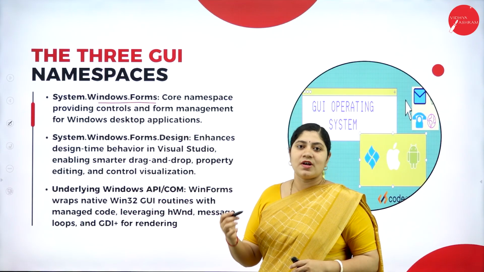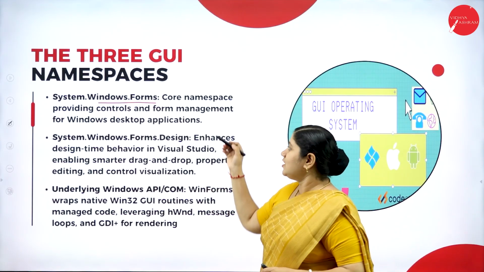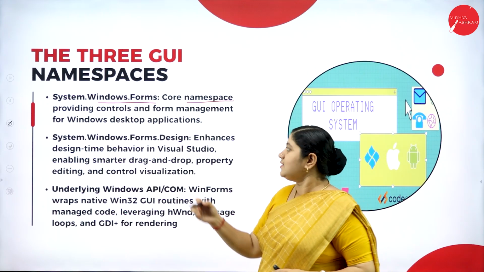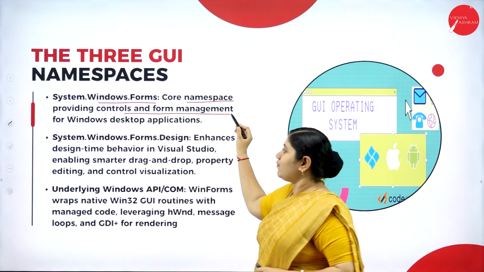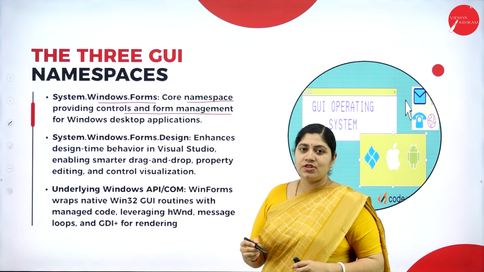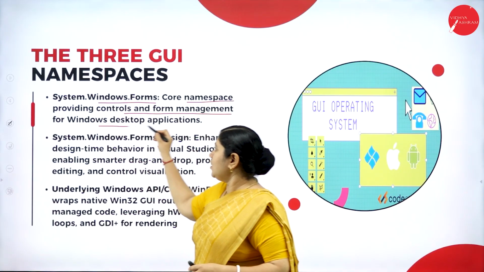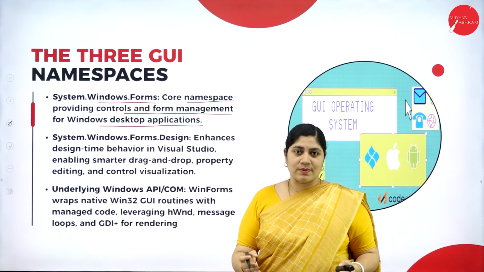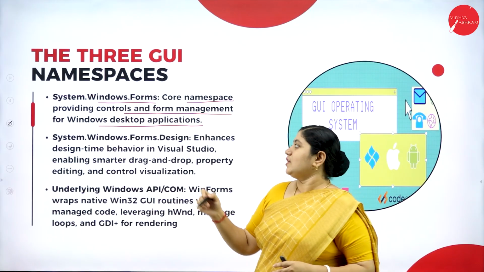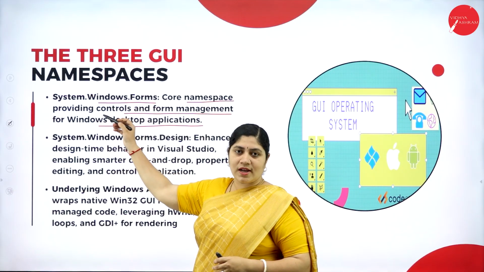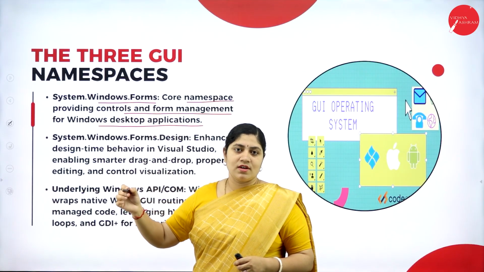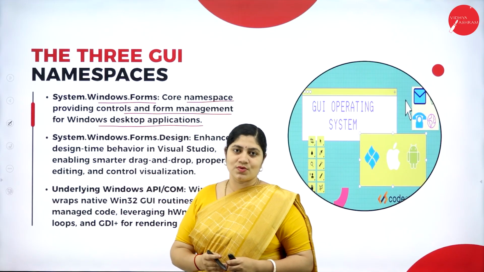This is our first namespace, a core namespace which provides control and form management in order to deal with Windows desktop applications. Whenever we want to work with Windows applications, we can directly utilize System.Windows.Forms. Then we will be directly redirected to Windows forms.